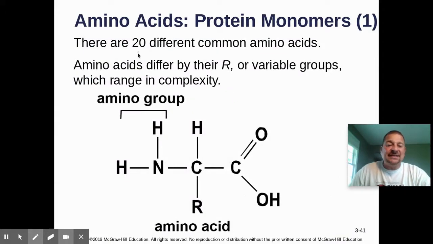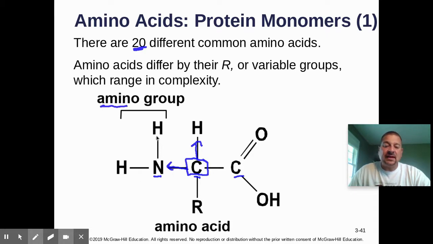There are 20 different amino acids that are very common and used in most living things. We can make all those thousands of proteins from these 20 different amino acids. When you look at their base structure, remember we often learn this as North Carolina Cougars, NCC. This is the central carbon right here that just has a hydrogen off of one side. Off of the left-hand side here is an amino group with a nitrogen and 2 hydrogens, if we remember our functional groups from last chapter.